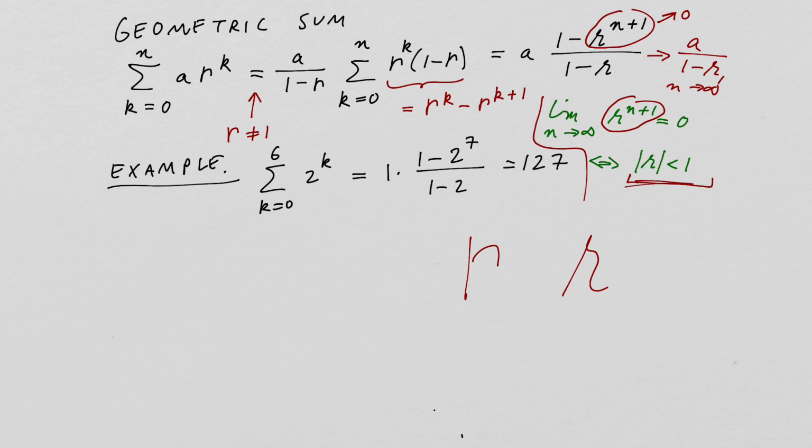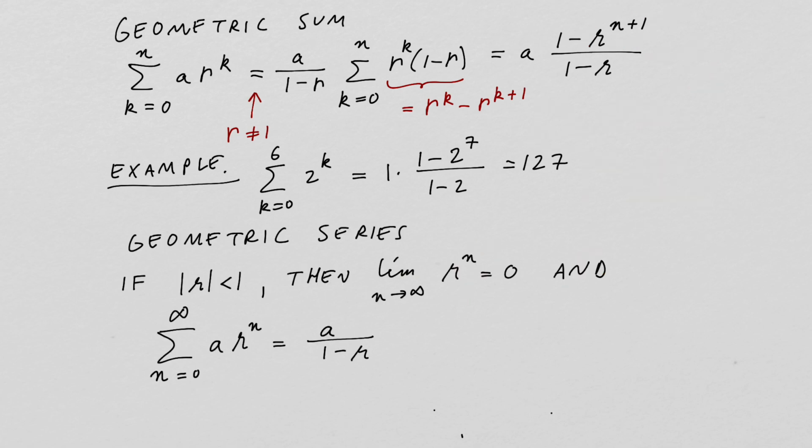So for these values of r, we can get the formula of the geometric series. If the absolute value of r is less than 1, then r to power n will go to 0, and we obtain the formula for the geometric series.